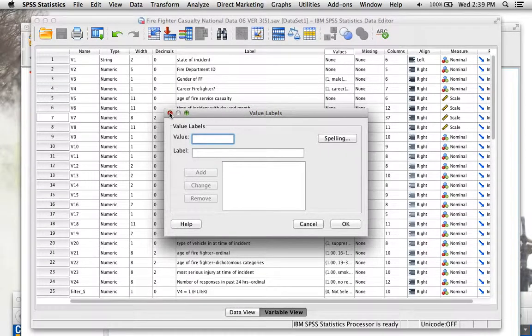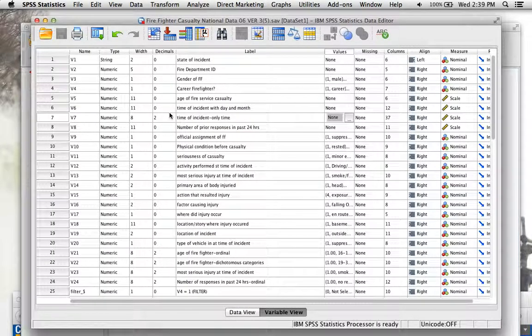And so the presentation is relevant to the students on RT1 who are responsible for doing the following: looking at physical condition, comparing volunteer with paid firefighters, assessing the number of prior responses, doing a comparison between volunteer and paid firefighters, and then finally doing a descriptive profile of the seriousness of injuries by gender.